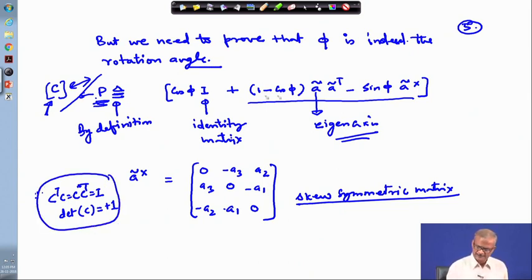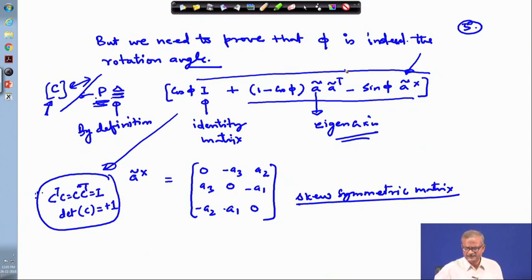If this matrix satisfies these properties, then it will indeed be the rotation matrix, but we need to work it out. Okay. And obviously, whatever is represented here can be shown by a very simple geometric construction to be indeed a rotation about A tilde by angle phi, which will come of course during the course of time. Okay.